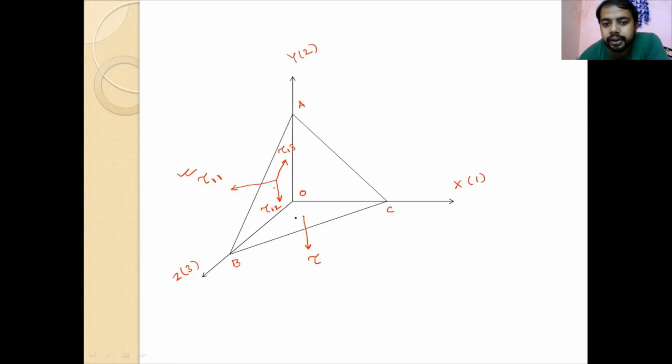From the area, if you draw a normal line, it is along the y-axis, so tau 2, as well as similarly here tau 2, 3 along the z-axis, and tau 2, 1.